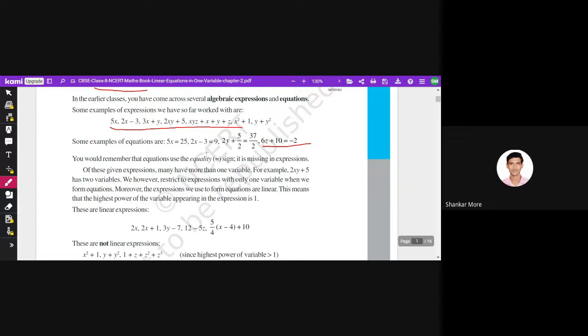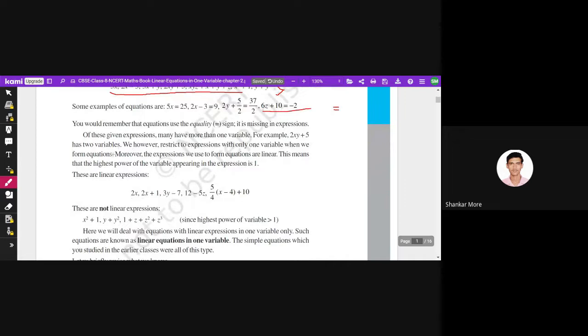So these are equations. Now you would remember that equations use the equality sign. So this is the equality sign, right? It is missing in expressions. If you see these expressions, you don't see any equality sign. It is only there in equations.